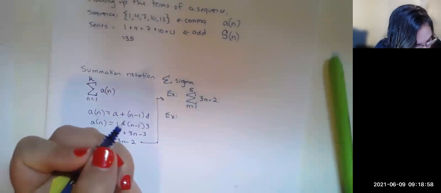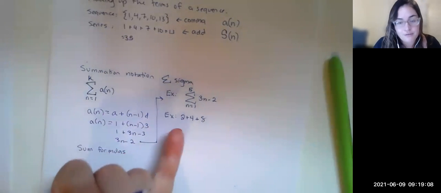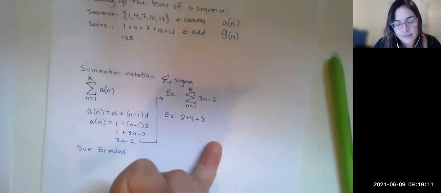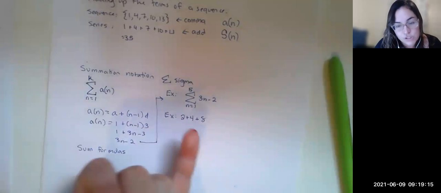Another example: let's write 2 + 4 + 8 in summation notation. Well, what type of sequence is this? Is it arithmetic or geometric? It's geometric because we are multiplying by 2 each time. So our A1 or our A is 2, and our common ratio is also 2.